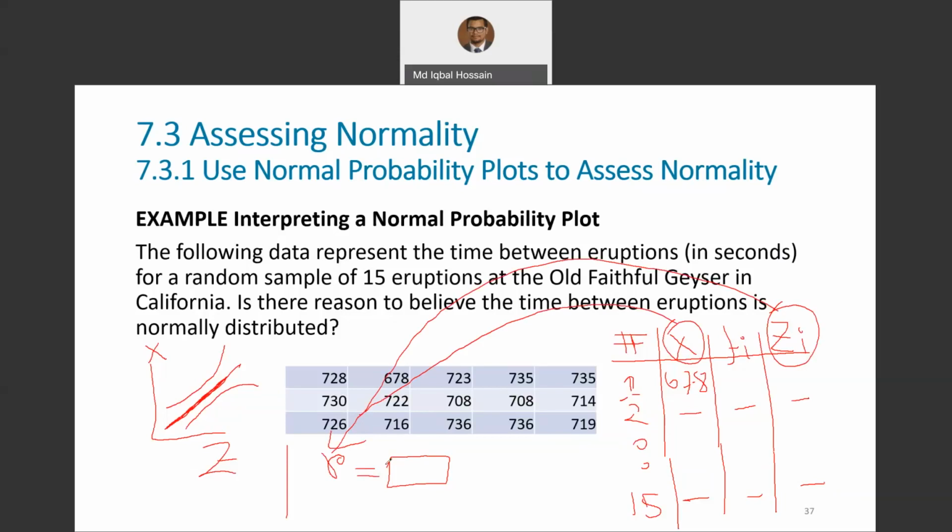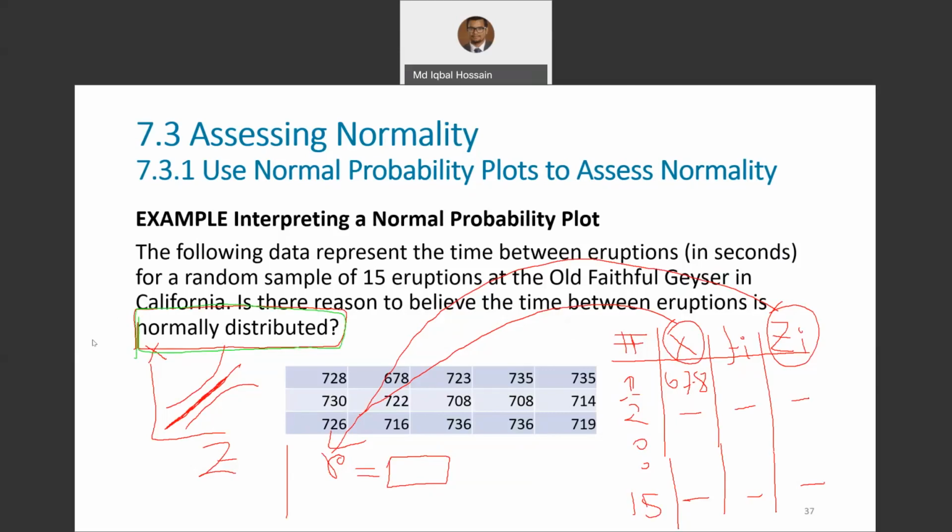With this correlation coefficient, we will look to our previous slide. Is it a significant value or not? If this is a significant value, then we are saying the data set is normally distributed. You can see, if the R value is greater than the critical value, then we are saying the data set we are discussing here is normally distributed.